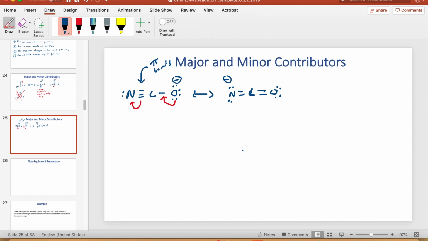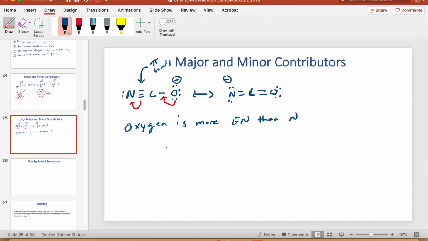So then the question becomes, all right, which one of these is the major contributor? Well, you answer that by saying, I need to look at my charges. Which is more electronegative? We're looking at the ones that have the negative charge on them. On the side over here, I see that I have oxygen that has a negative charge, and the one on the right, nitrogen, has a negative charge. Oxygen is more electronegative than nitrogen.